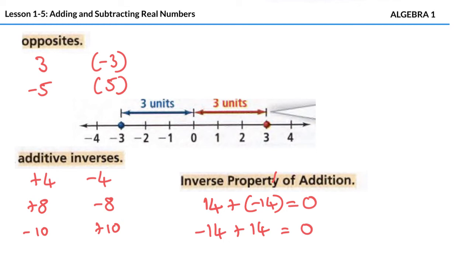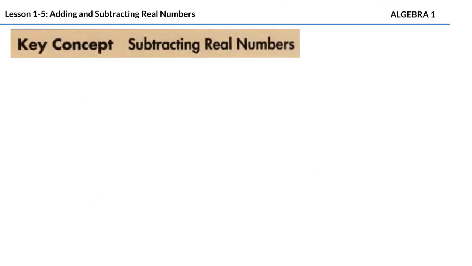Let's now understand subtracting real numbers. So far, we were dealing with adding real numbers. Okay, so let's move on. Now, let's try to understand subtracting real numbers. To subtract a real number, add its opposite. For example, A minus B. We are subtracting these two numbers.